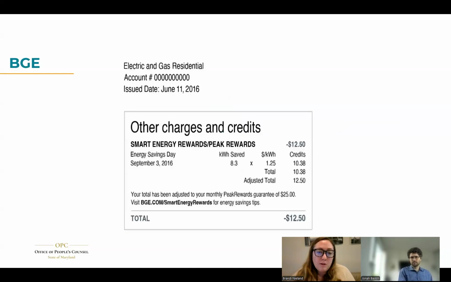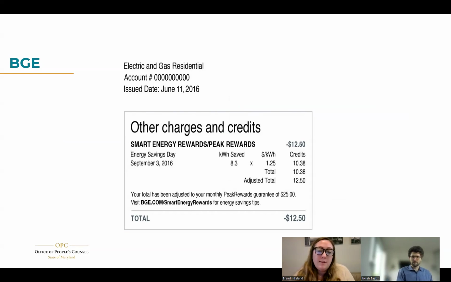This will not be on everyone's bill. This is that other charges and credits. So if you participate in the Peak Rewards program or Energy Savings Days, you'll have another extra box. So the Peak Rewards program, unfortunately, is no longer open for new enrollments, but for existing customers, you can earn between $12.50 and $25 per month based on participation level.